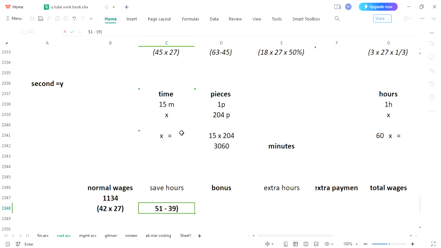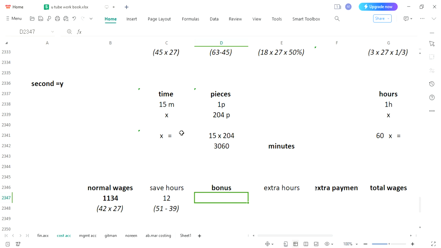So yes, he had saved some of the hours. There you can calculate 51 minus 39. These are hours saved, and this is only calculation.